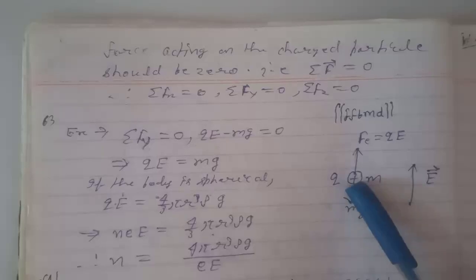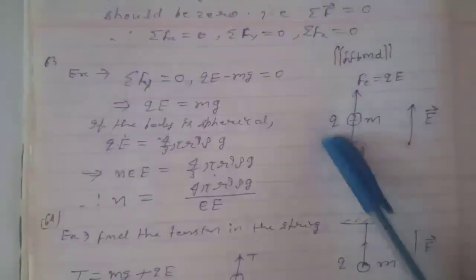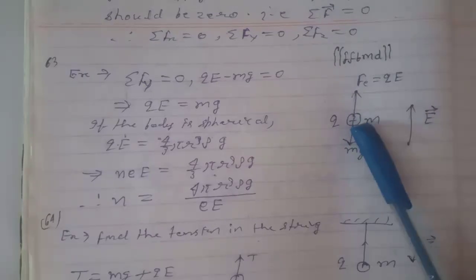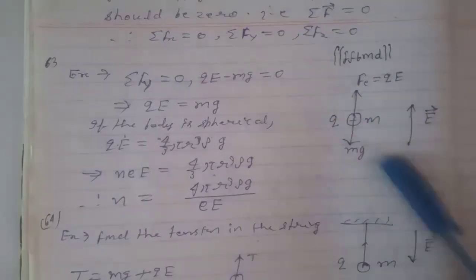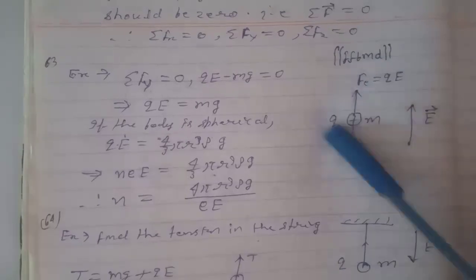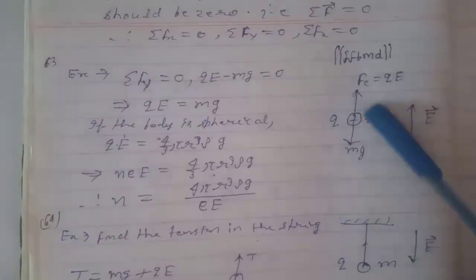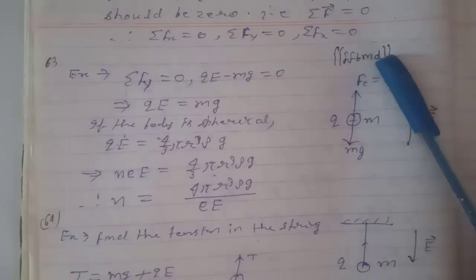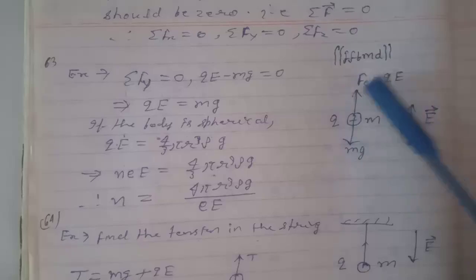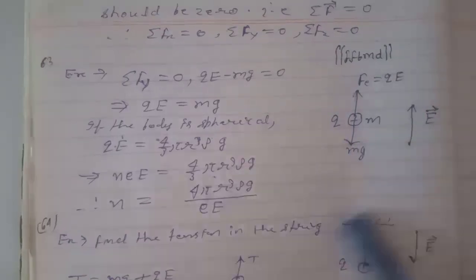Here it is shown. For example, a charge q is placed in an electric field in the vertically upward direction. Because it is a positive charge, the force will be in the upward direction and the weight will be in the downward direction, and if it is in equilibrium, then Fe will be equal to mg.